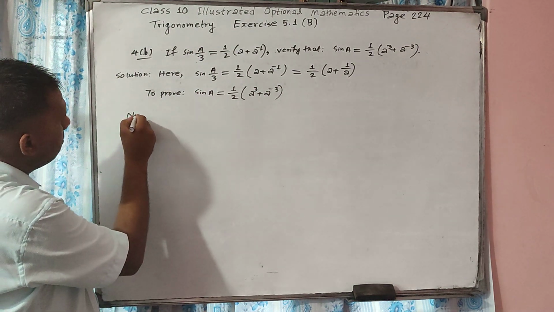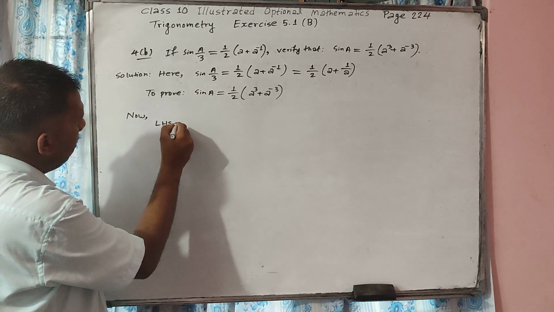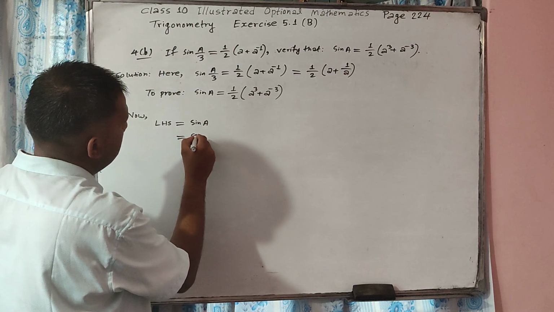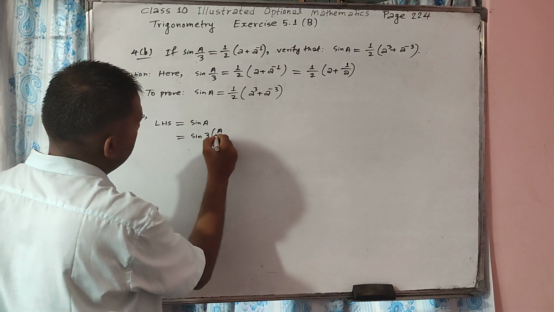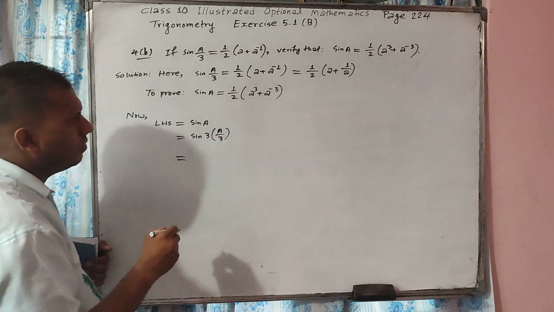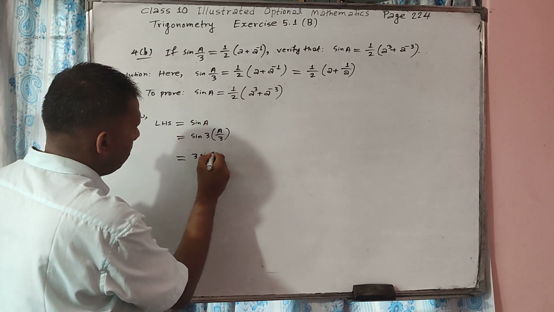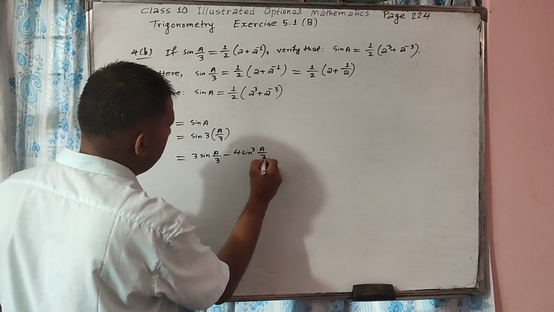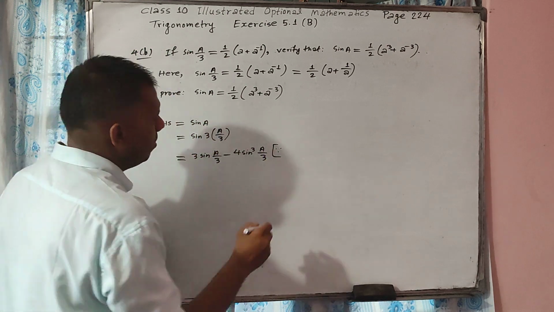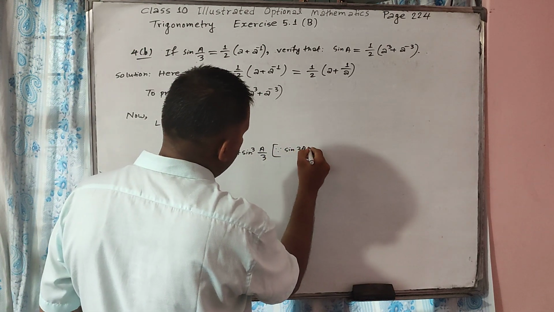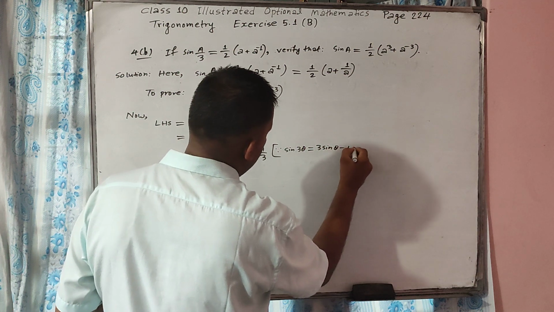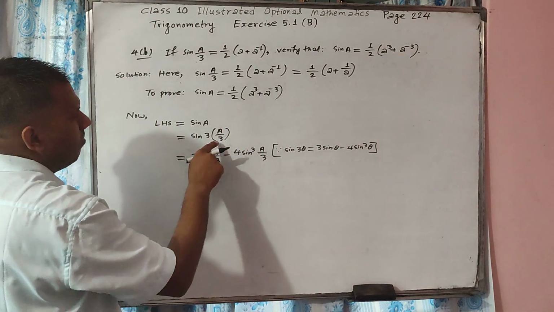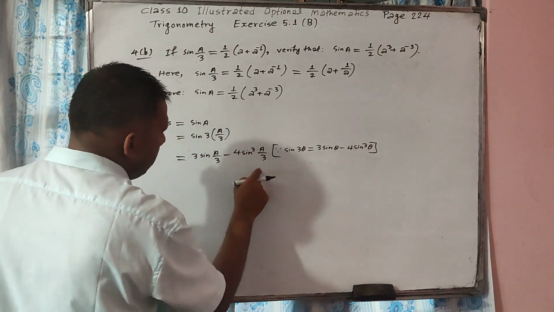Now LHS equals sin a, equals sin 3 times a by 3, equals 3 sin a by 3 minus 4 sin cube a by 3, because we know that sin 3 theta equals 3 sin theta minus 4 sin cube theta. Here theta is a by 3.